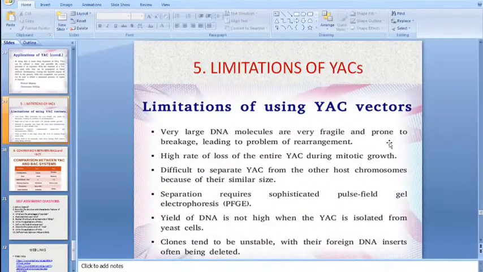There is also a high rate of loss of the entire YAC during mitotic growth. Another disadvantage is that it is difficult to separate YAC from the other host chromosomes because of their similar size. So they have both advantages and disadvantages.